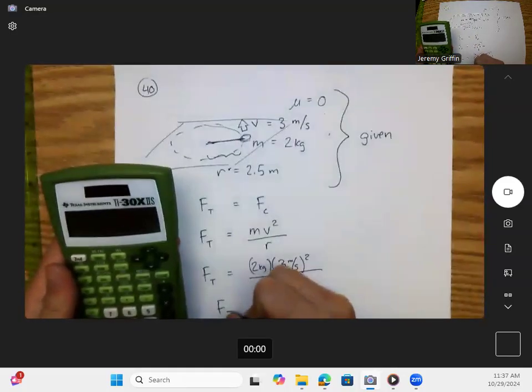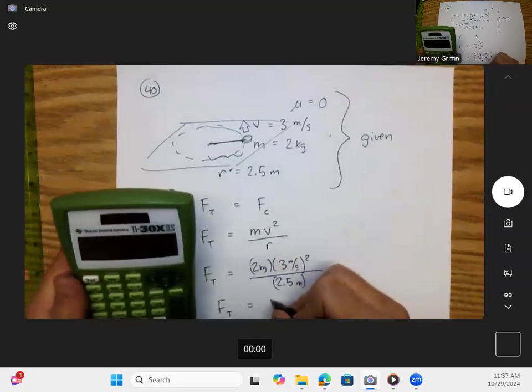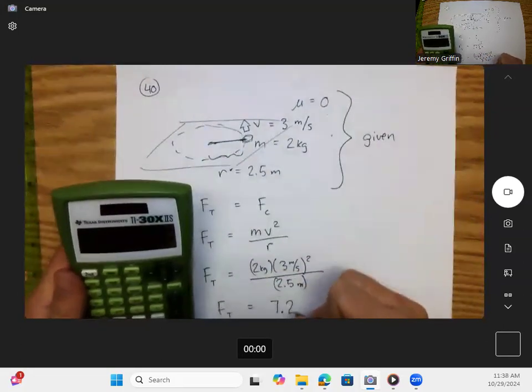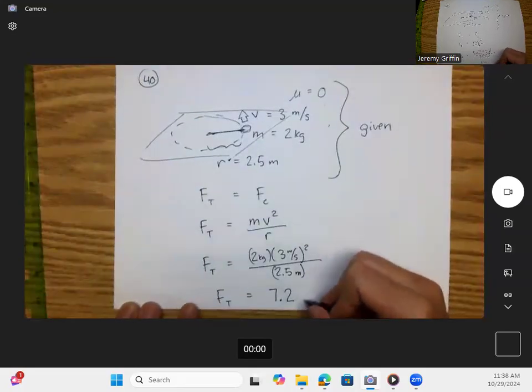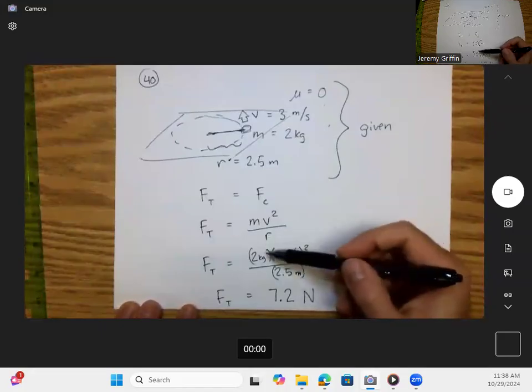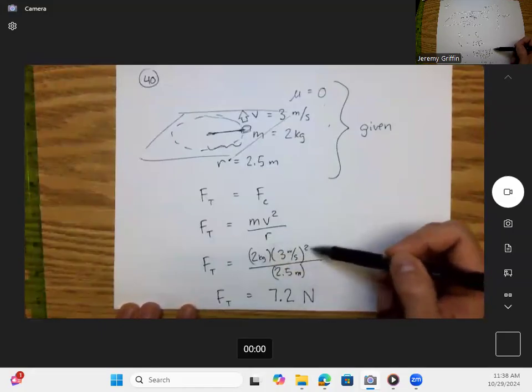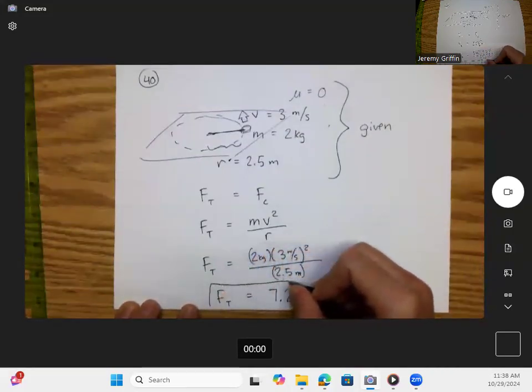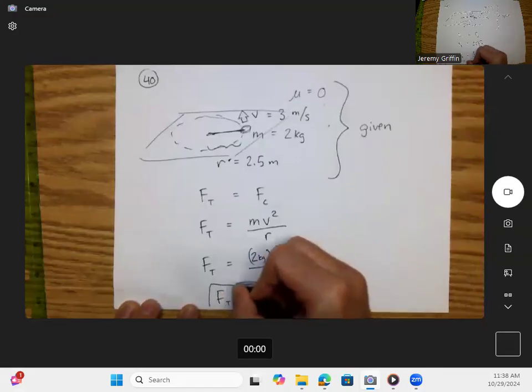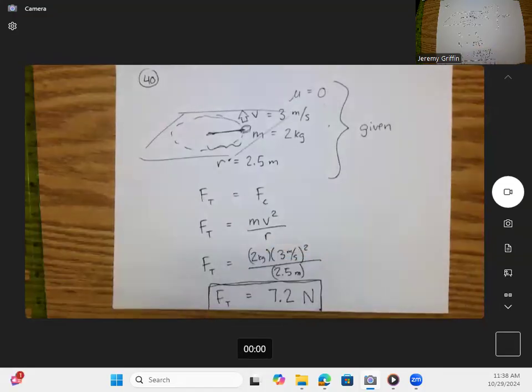I'm getting a tension force in that string of this many. Is that many what? I need a unit. How do you measure force? Newtons. Yeah. Also, from these units, kilogram meter squared per second squared divided by meters, that's kilogram meter per second squared, which is what 1 Newton is. About 7 Newtons. There's your string tension.